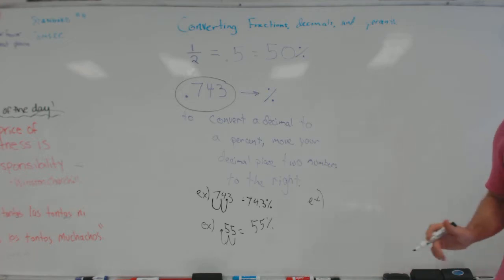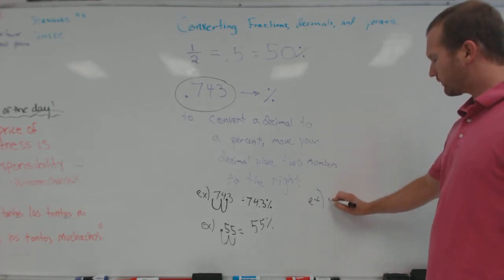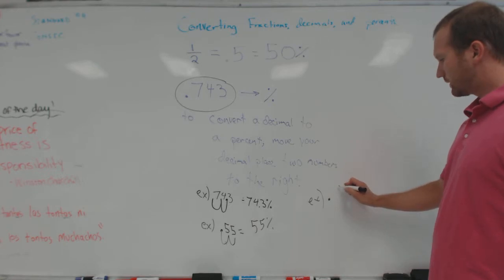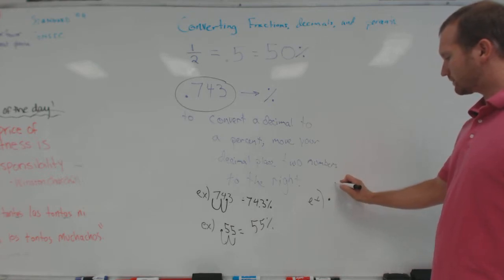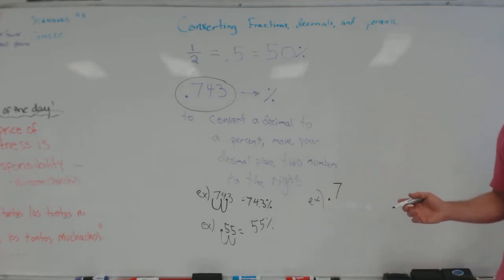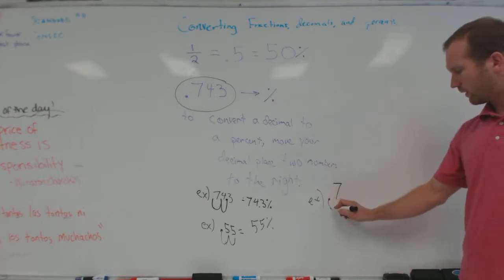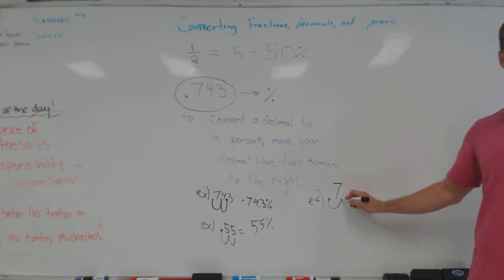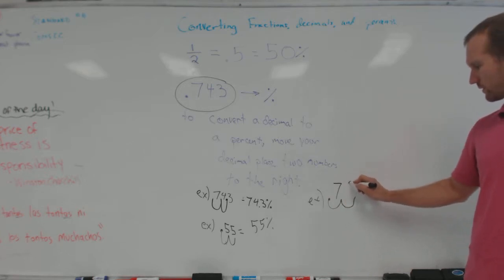I'm going to throw in a monkey wrench. What if we had 0.7? So now I'm going to move it. Well, I move it 1 number. There's not another number to move it over. So what do I add? 0. Yeah. I'm going to put a 0 there.